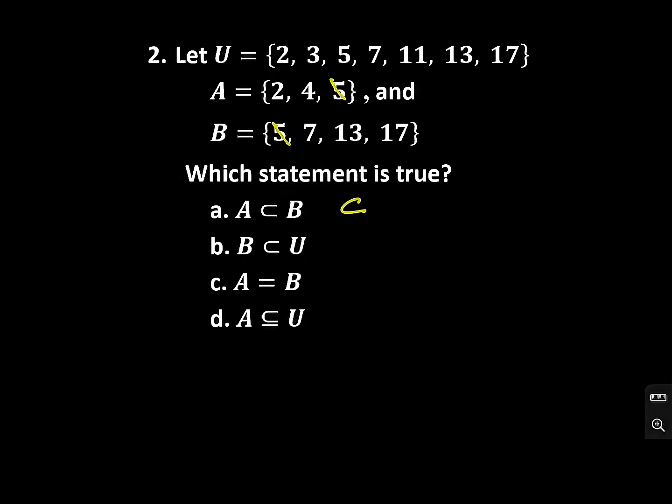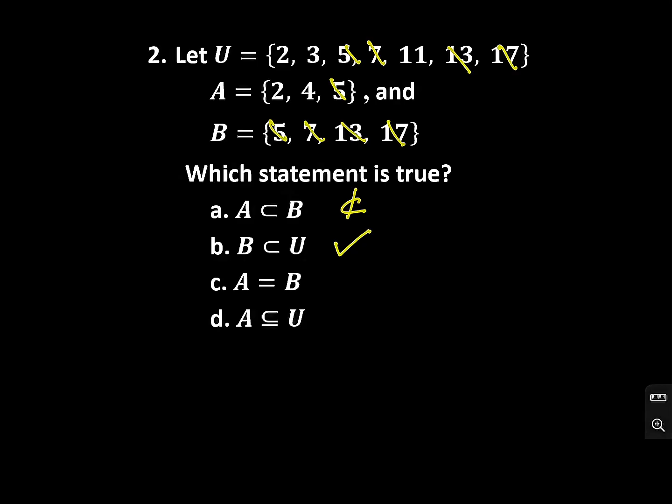A is a proper subset of B. By checking the elements, only 5 can be found in both set A and B, so meaning they are not proper subset. And option B, set B is a proper subset of the universal set.